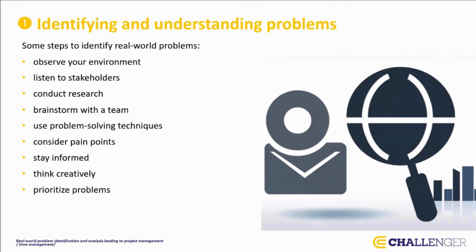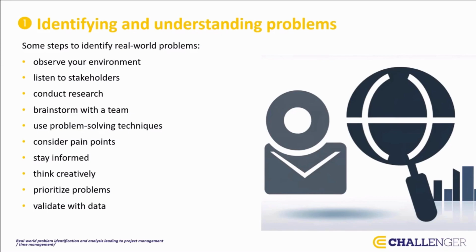Prioritize problems. So once you've identified a list of potential problems, prioritize them based on factors such as impact, urgency of solutions, and alignment with organizational goals. But also validate with data. So validate your identified problems with data and evidence.